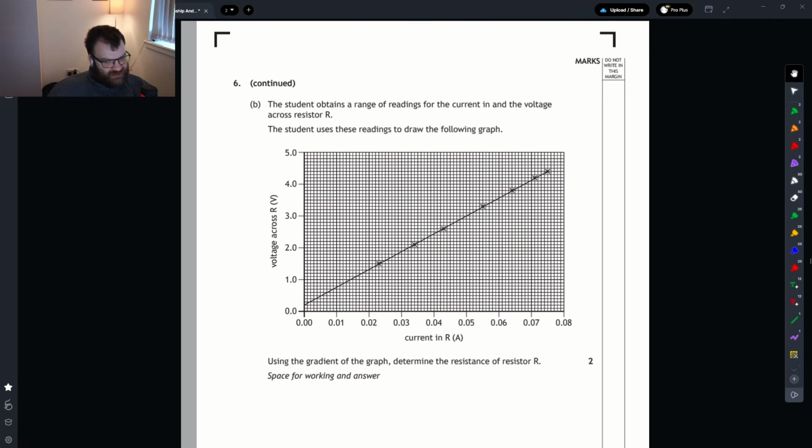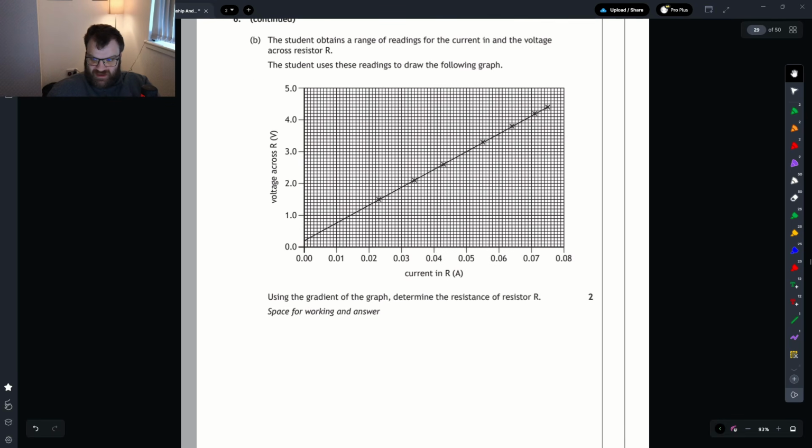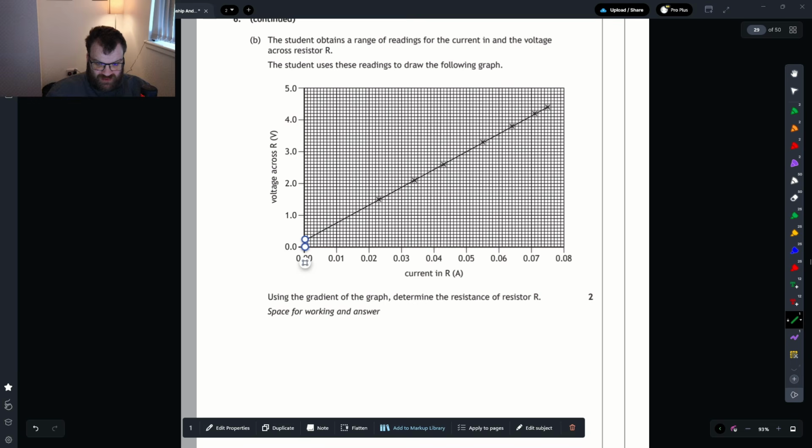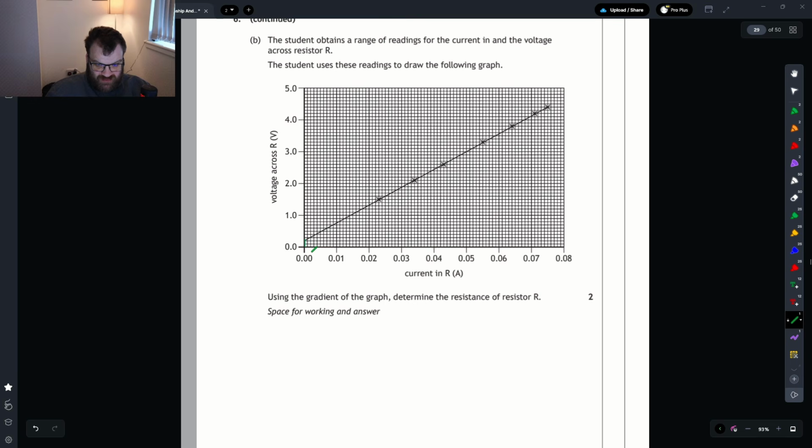Using the gradient, determine resistance R. Okay, so we want to pick 2 points on the graph. Ideally it would be ones that are sitting nicely on numbers, or we could just start from the bottom one. So we could take this point here, which is 2 little boxes up, so that would be 0.2.